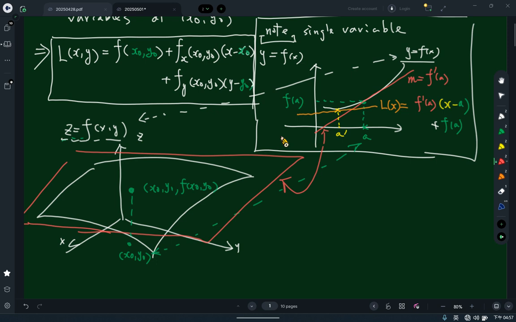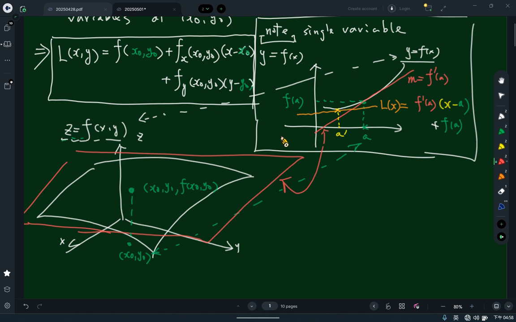For the function itself, z is equal to f of (s, y), it will be a surface. But for single variable, y is equal to f, it will be a curve, right? I ask you to focus on some specific points. For single variable, we may focus on a, so we have a corresponding function value f of a. Similarly, for two-variable functions, we focus on (s0, y0). So its corresponding value is f of (s0, y0).